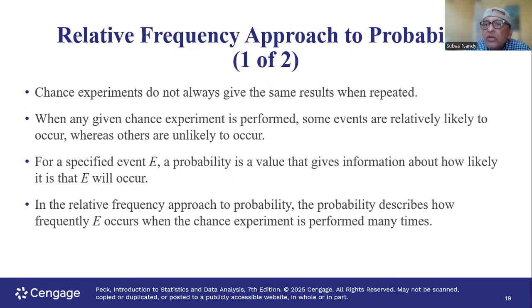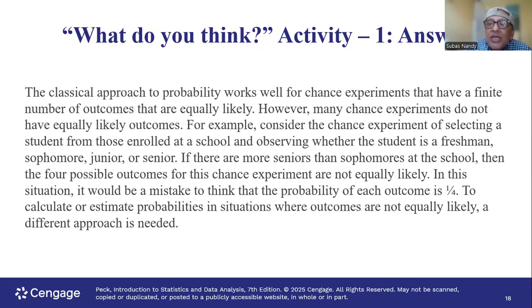So we are going to use a relative frequency. The question now becomes, what will we do if the probabilities of events are not equally likely? Different events are not equally likely. As you noticed in this case, we counted the number of students in each category, freshman, sophomore, junior, and senior, added them together, and got the total number of students from the four categories.